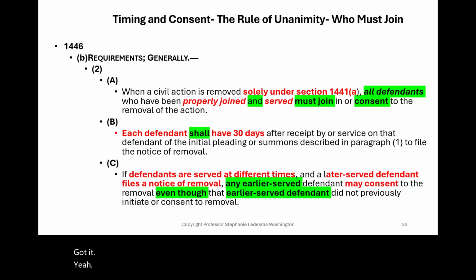Let's look at this later-served defendant. What is that? Well, let's go to 1446(b)(2)(C).